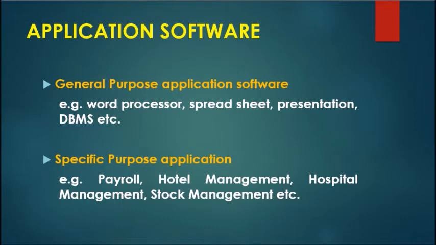For example, a word processor could be classed as general purpose software as it would allow a user to write a novel, create a restaurant menu, or even make a poster. Examples of general purpose application software are word processor, spreadsheet, presentation, DBMS, etc.